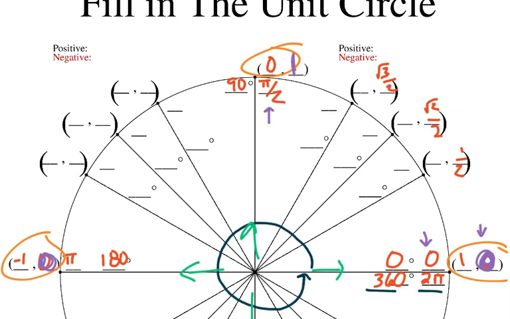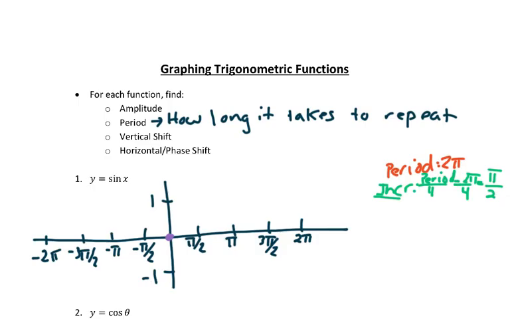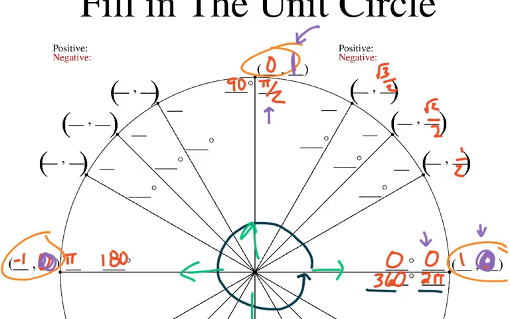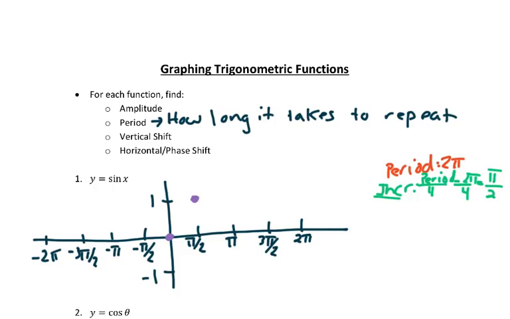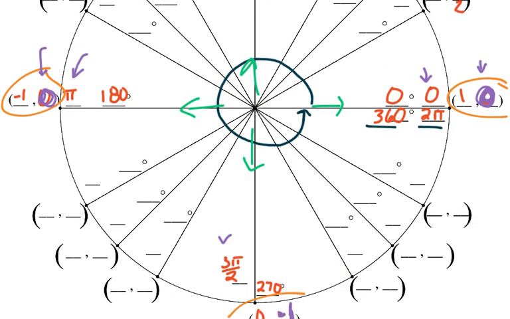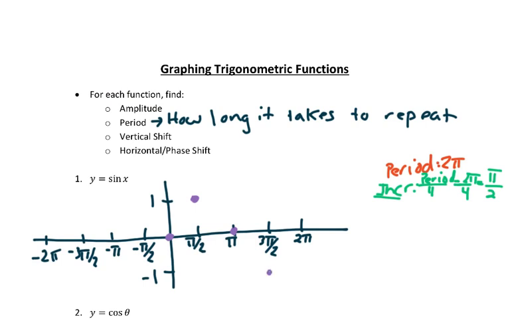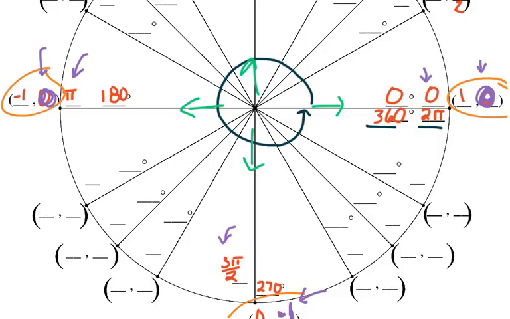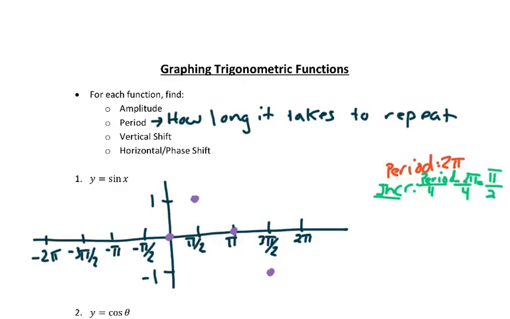At pi over 2 radians, my sine is 1. So at pi over 2, this is 1. At pi radians, sine is 0. At 3 pi over 2 radians, sine is -1. And then at 2 pi, sine is 0 again.